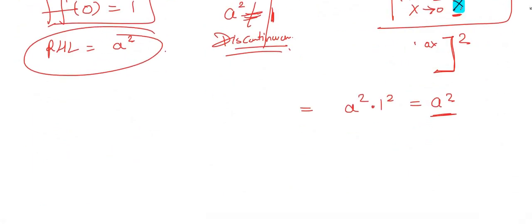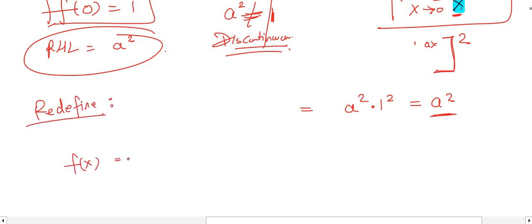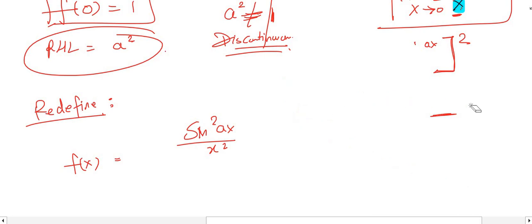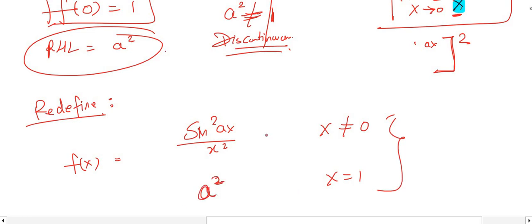See here. If I redefine it in such a way that f of x is sine square ax by x square when x is not equal to 0, but we define it as a square when x is equal to 0, then the function value will also become a square and the limit value we were getting is a square.